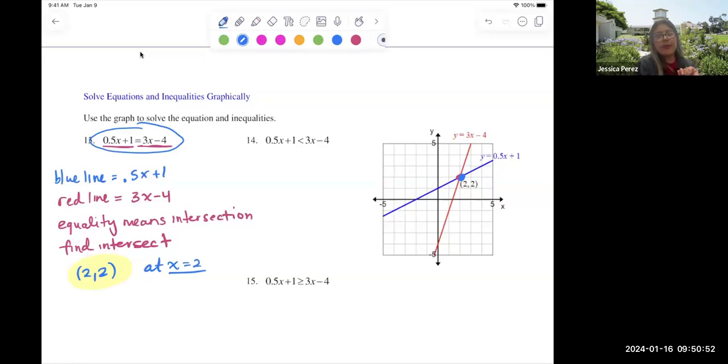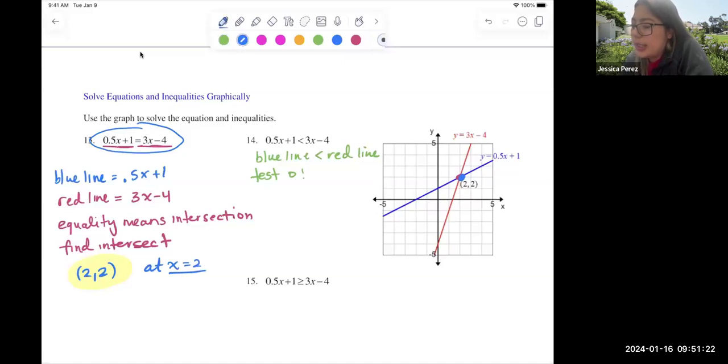So now what happens if we are looking for 14? When is the blue line less than the red line? Which area? Is it more than 2, less than 2? Then we select a point, let's say 0, and we test 0 because it doesn't live in either.